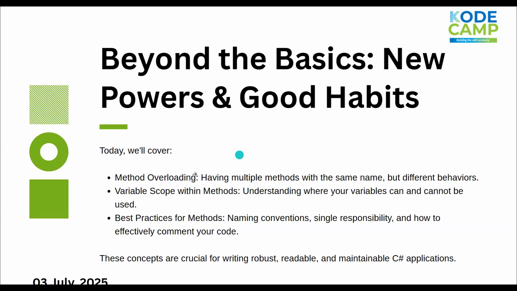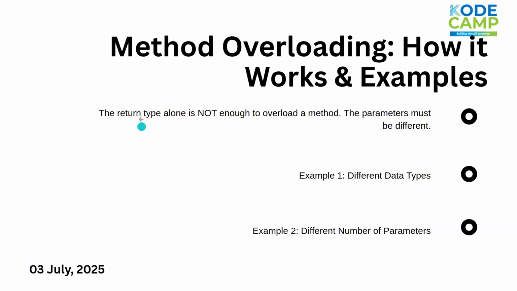All right, so we would also look into variable scope within methods, and method overloading and how it works, right? Return type alone is not enough to overload a method. The parameters must be different. Like I said, the two things that would distinguish two similar method names are the return type and the parameters, which must be different.